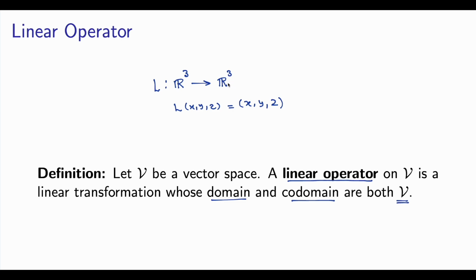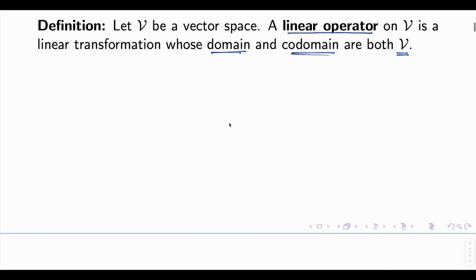Then this becomes a linear operator because the domain and codomain are both the same. So this is called a linear operator. In other words, V equals W, domain and codomain are the same, and then we can say that this is a linear operator.